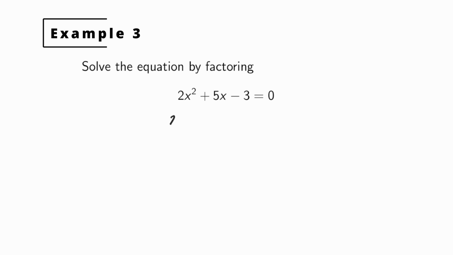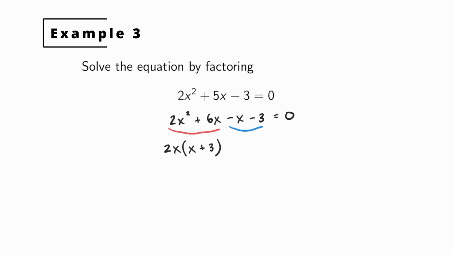So we rewrite this. We split up the 5x into 6x minus x minus 3 equals 0. So we've only rewritten the equation and just changed the 5x into 6x minus x. And now I'm going to factor the GCF from these two terms and the GCF from those two terms. If I do that, I factor out 2x, and I'll be left with x plus 3 here.